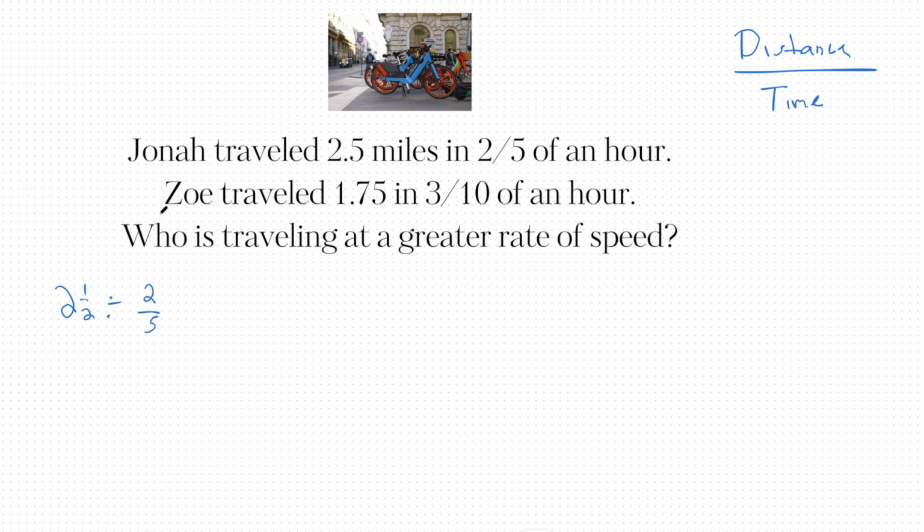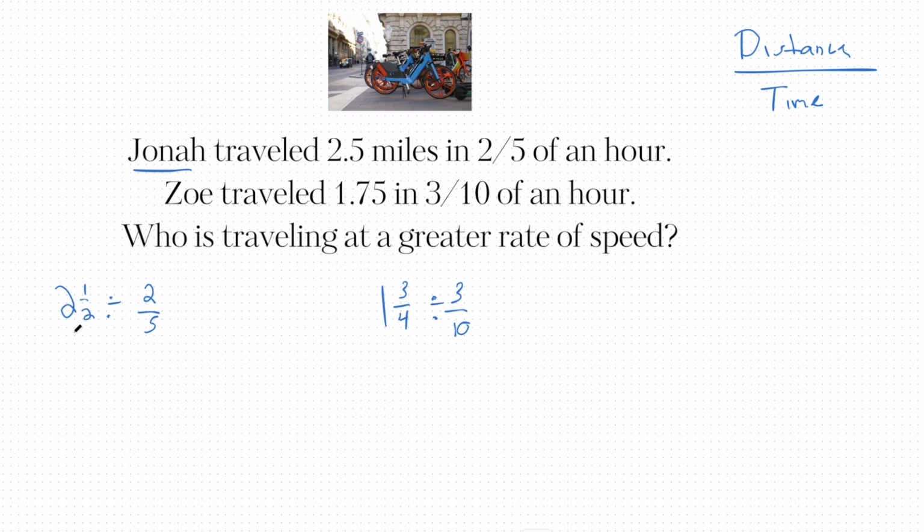So that's going to be Jonah. And then for Zoe, we need to do 1.75, which is 1 3/4, and we need to divide that by 3/10. All right. So first, Jonah.